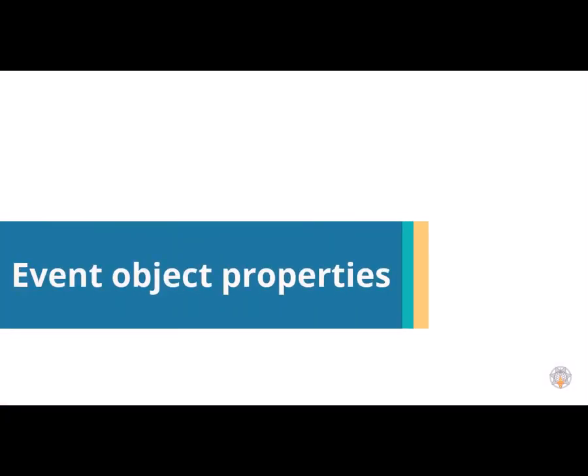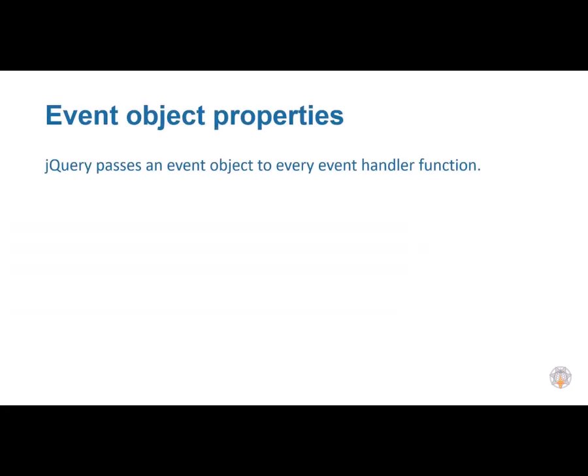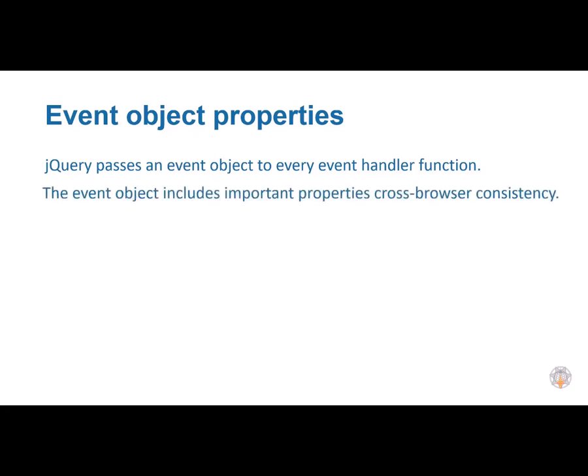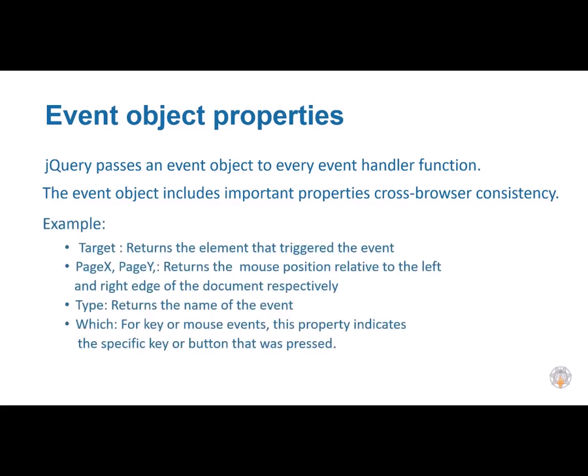Now, let us see what are different event object properties. jQuery passes an event object to every event handler function. This event object includes important properties for cross-browser. These properties are target. The target returns the element that triggered the event.